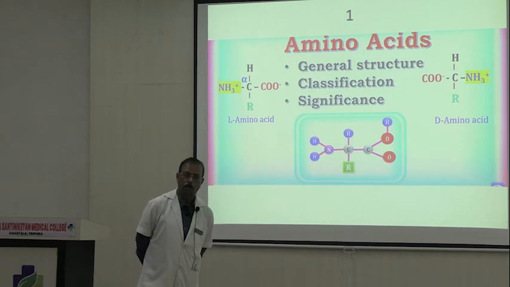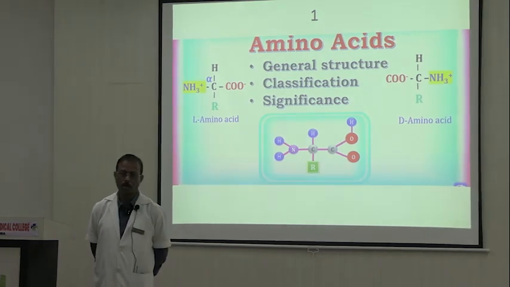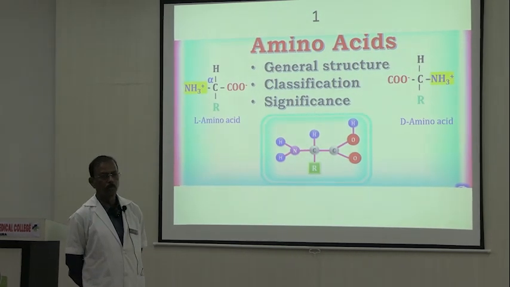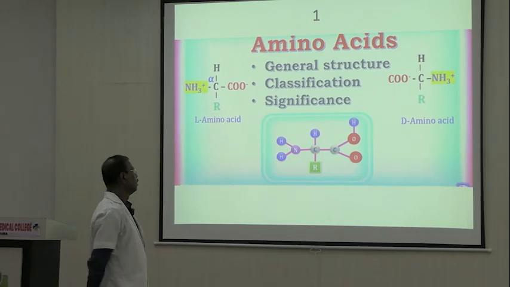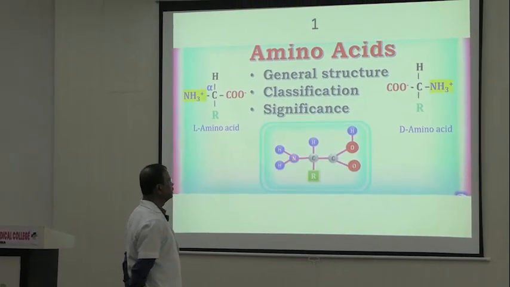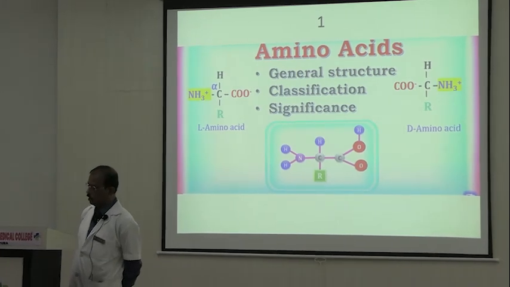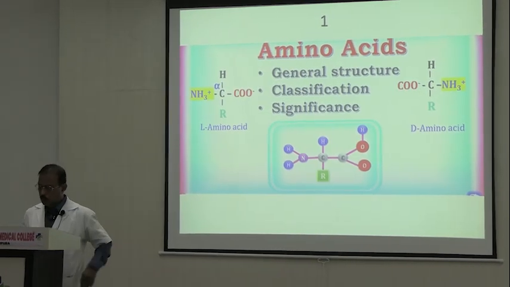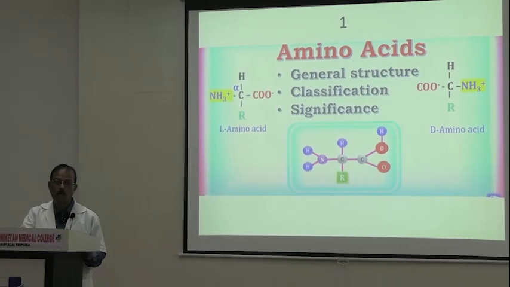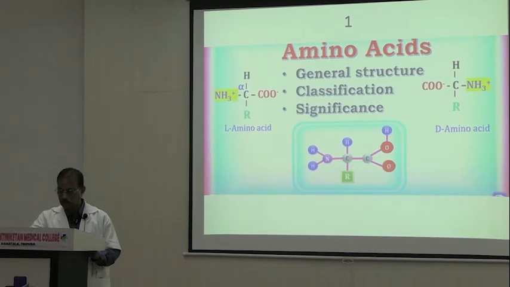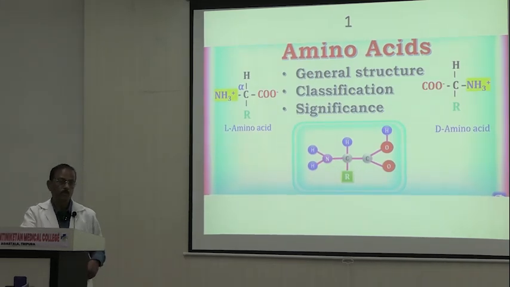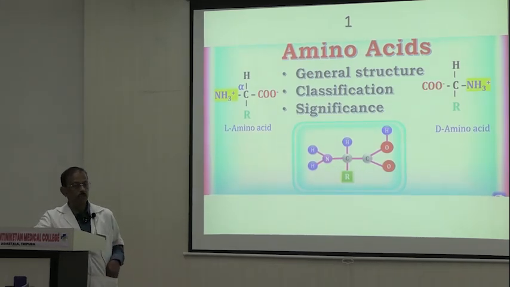As you know, amino acids are the building blocks of protein. Protein is synthesized from the sequential addition of amino acids. There are about 300 amino acids in the biological system.